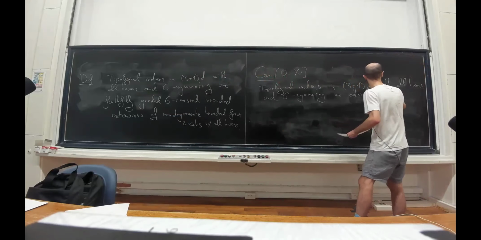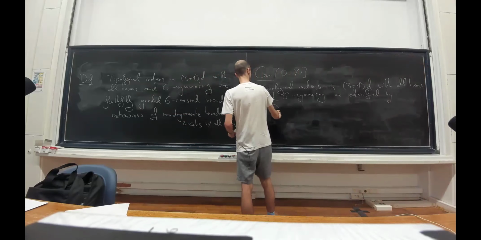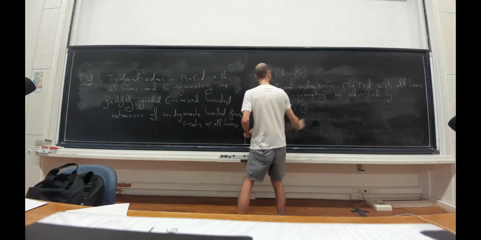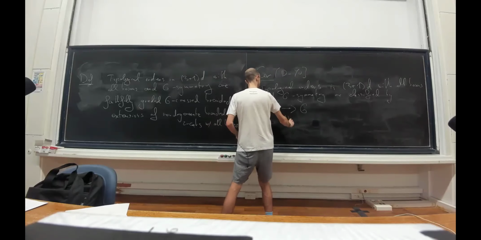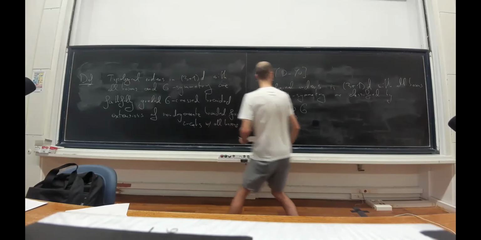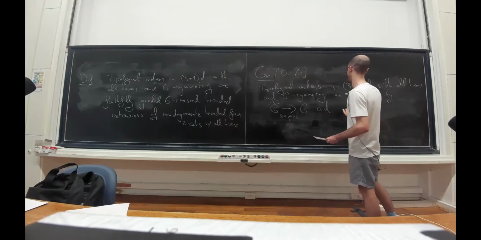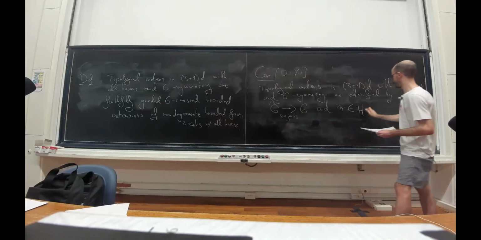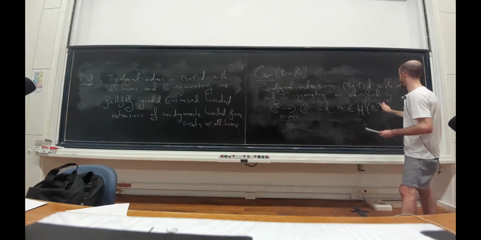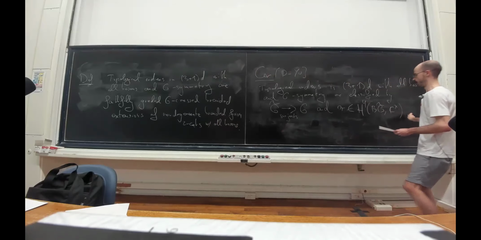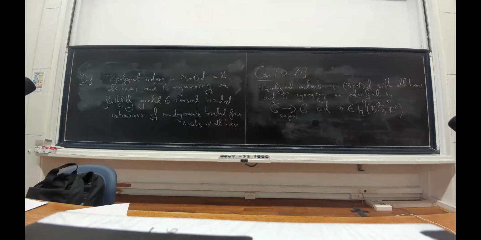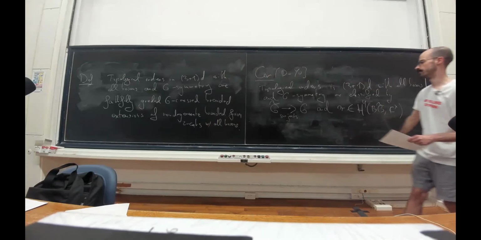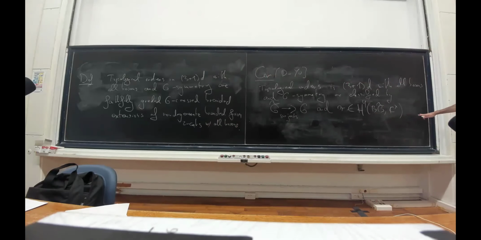So these are classified by another finite group, G tilde, projecting onto G, and a class, I think we're calling it phi, in H4 of G tilde with coefficients in C star. This is also related to more recent results of Hong, Lan, and Wen, where they obtain a similar classification using slightly different methods.